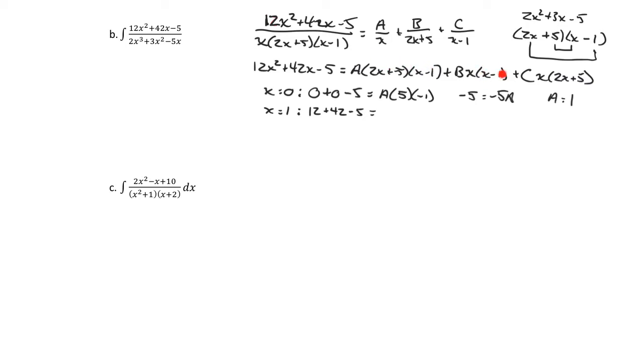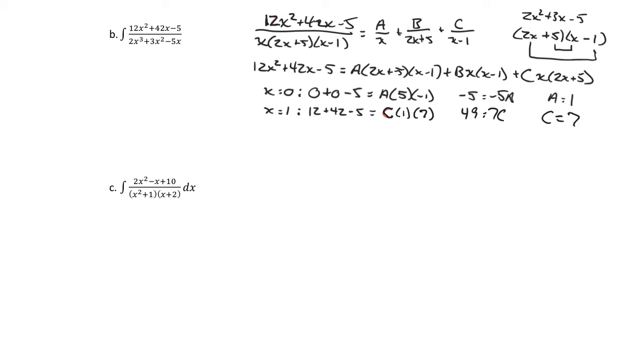Likewise, the B term has a factor of x minus 1, so we end up with a 0 there, so the only thing that sticks around is the C term. So it's going to be C times x, and x is equal to 1, times 2x plus 5, which is 2 plus 5, which is 7. And let's see what equation we end up with here. We have 49 on the left side equals 7C, and so C is going to be equal to 7.